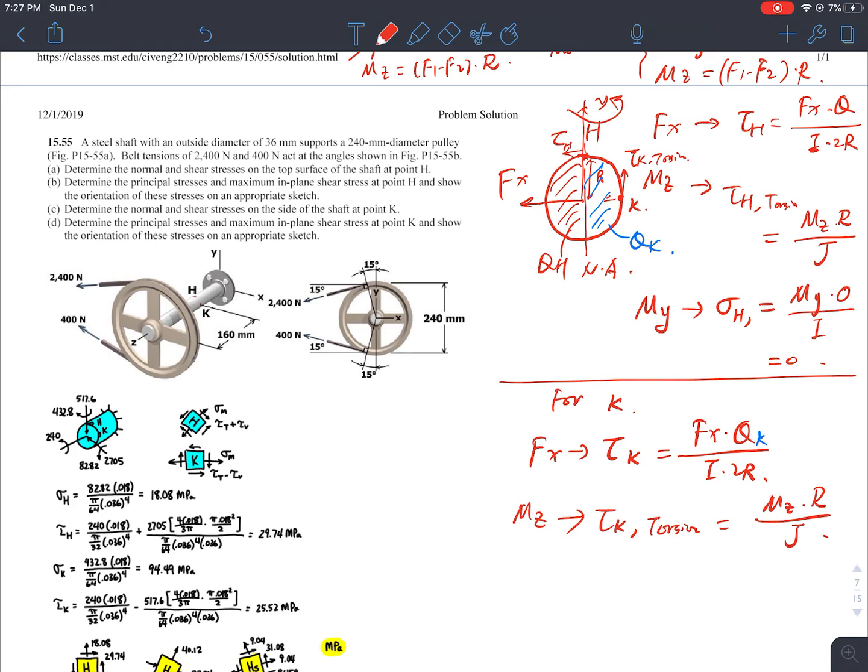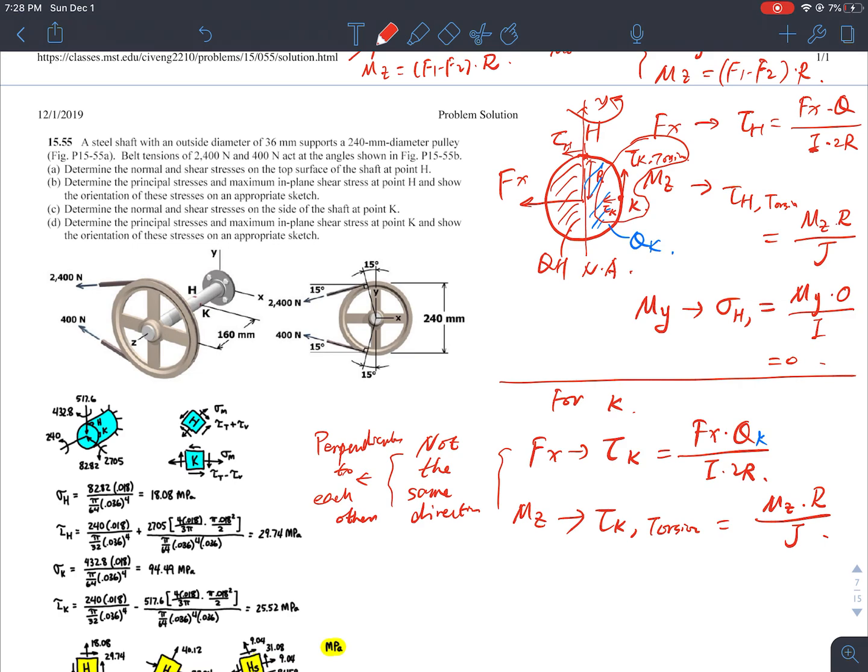Be careful though. This shear generated by F is going a different way from the torsion. Not the same direction. Actually, if I want to say it, perpendicular to each other. Is that right?